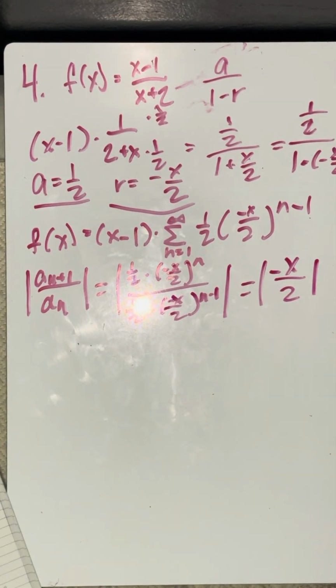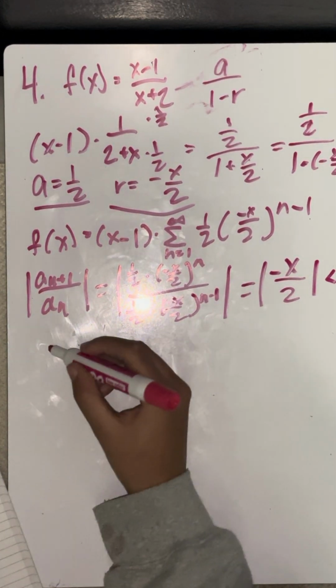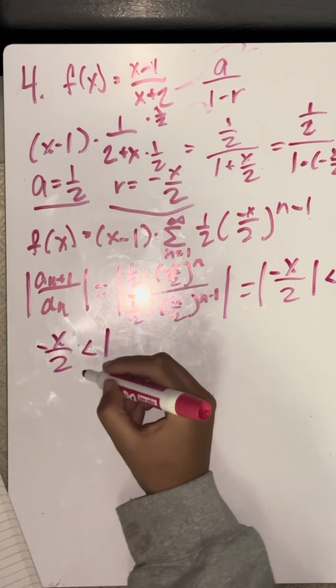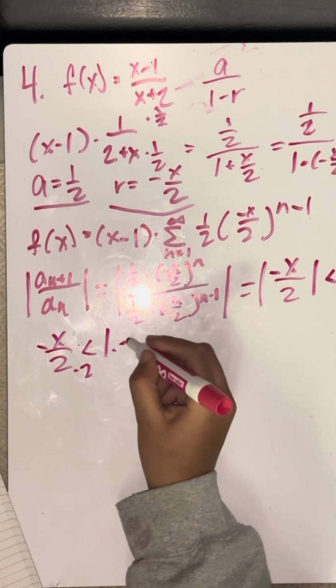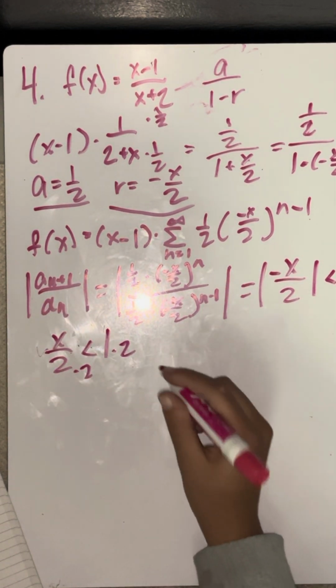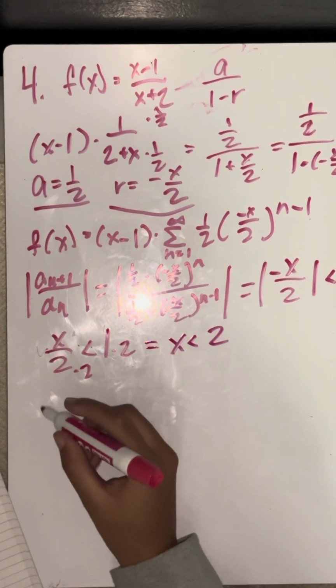And because we're solving for a power series, this has to be less than 1. So negative x over 2 is less than 1. We can multiply both sides by 2. The absolute value gets rid of that negative. We get the absolute value of x is less than 2.